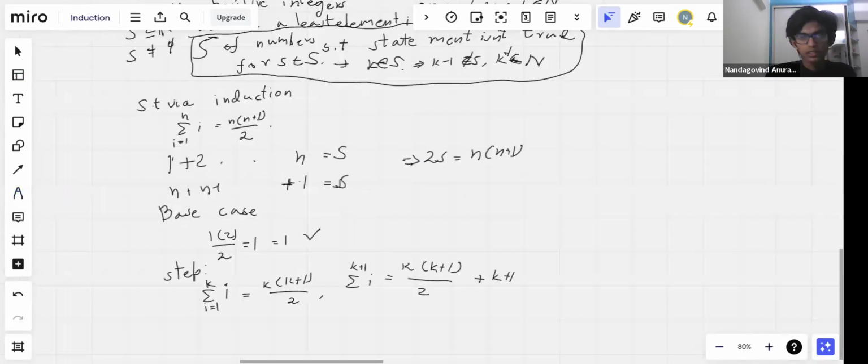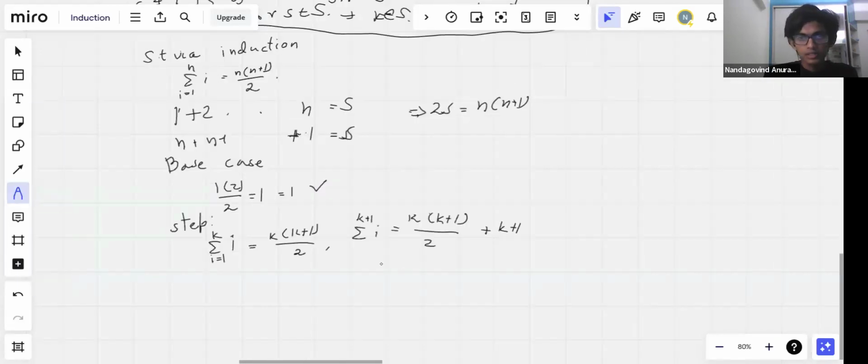So we have that this is equal to k plus 2 times k plus 1 by 2 as desired. So that's the base case, and this is the induction step.